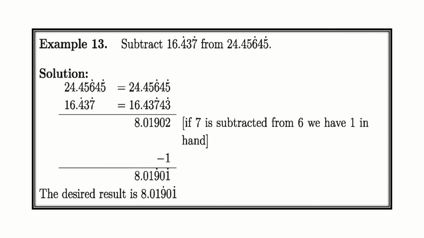Clear everyone? If the left side carried 1, after subtracting this and this, we'll minus 1 from here. And why will we subtract 1 from this? Because in the given condition, here it started from 6, here 6 fixed, no problem, but here it started with 4, and here it started with 7.